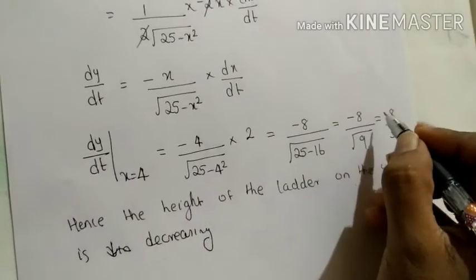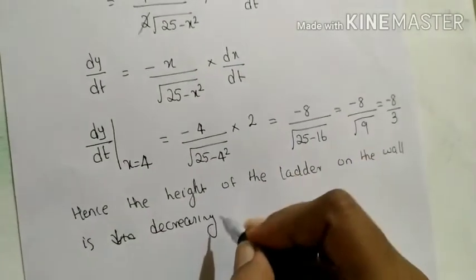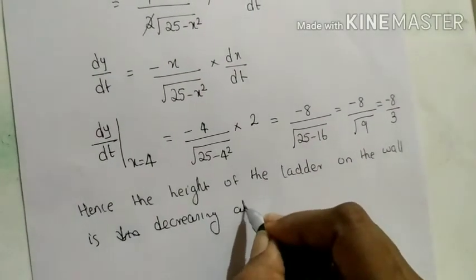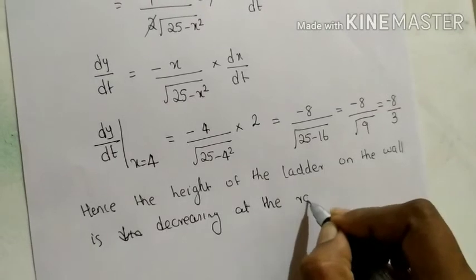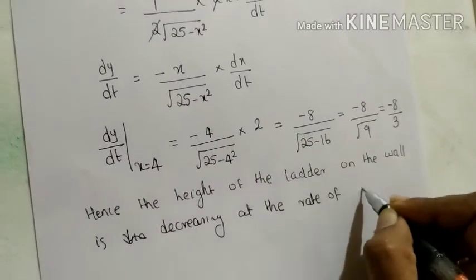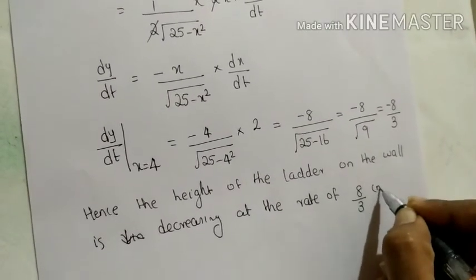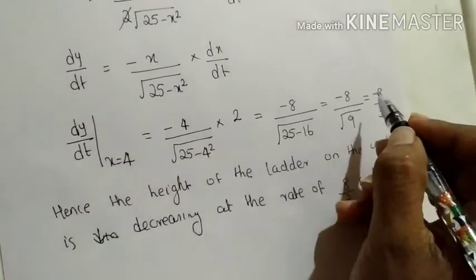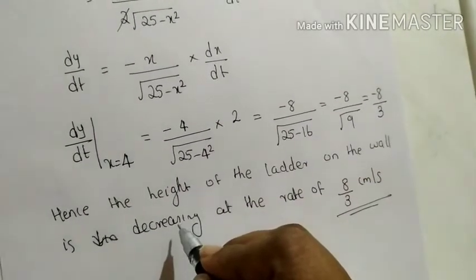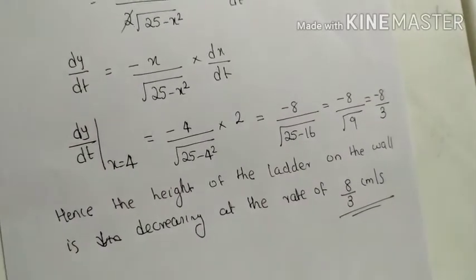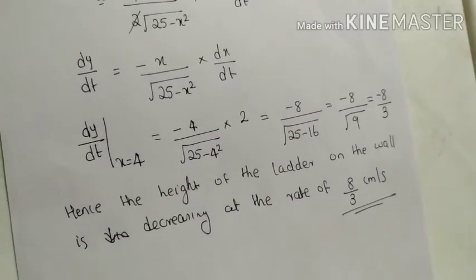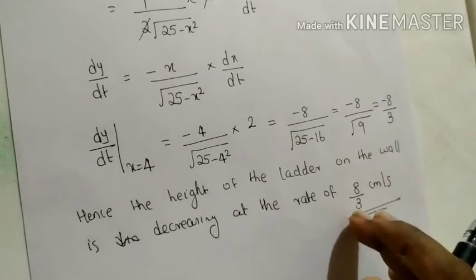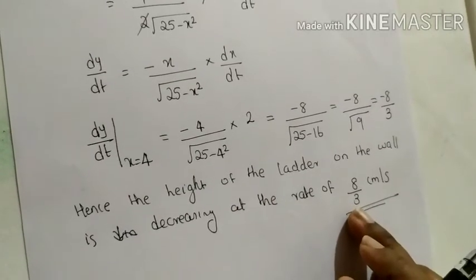That means negative means decreasing at the rate of 8 by 3 centimeter per second. Okay, here minus means decreasing rate. Okay, so our answer will be 8 by 3 centimeter per second.